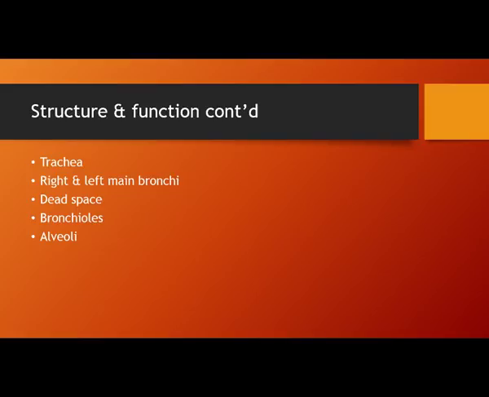The idea of dead space: to explain what dead space is, it would include the trachea, the bronchi, and these passages. Think if you were at the bottom of a swimming pool and you had a garden hose and you were trying to breathe in and out through the garden hose.